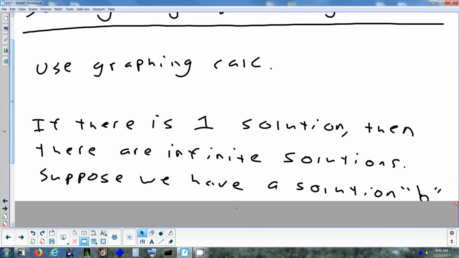At least if you're graphing a trig function and a line. There is a way you could have a trig function and another graph and not get infinite solutions, if you did something like this. If I said to you, where do those graphs intersect? They're not going to intersect forever. The trig function's going to go on forever.